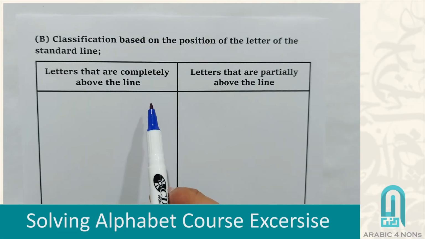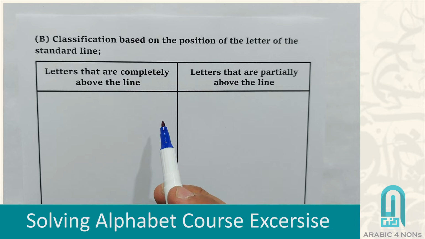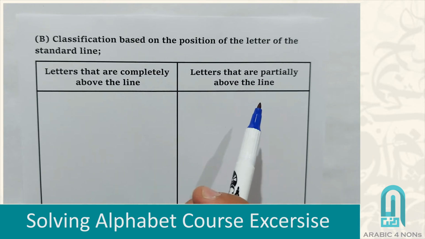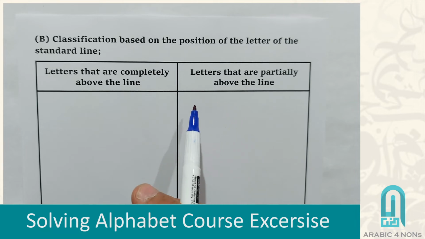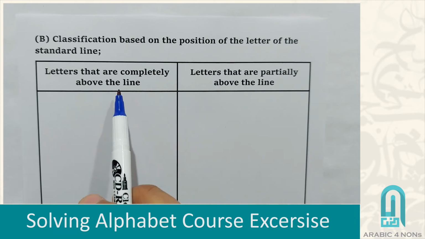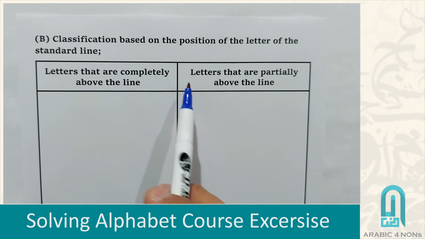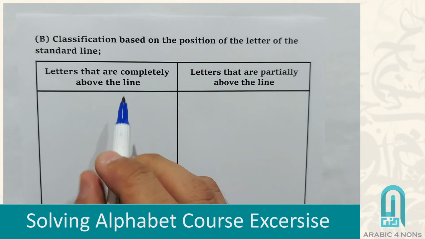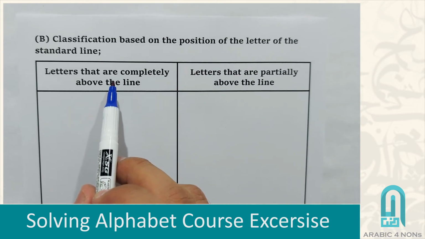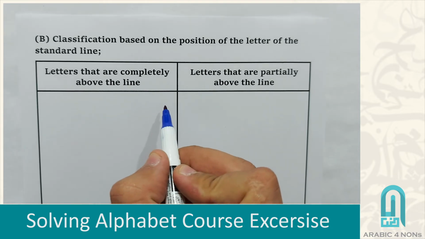The next classification is based on the position of the letter. The first one, I will do the same process. I will go through the Arabic alphabet one by one and see whether it fits this condition or that. So the first one, letter A, it's obviously above the line completely. So I'll write it here.